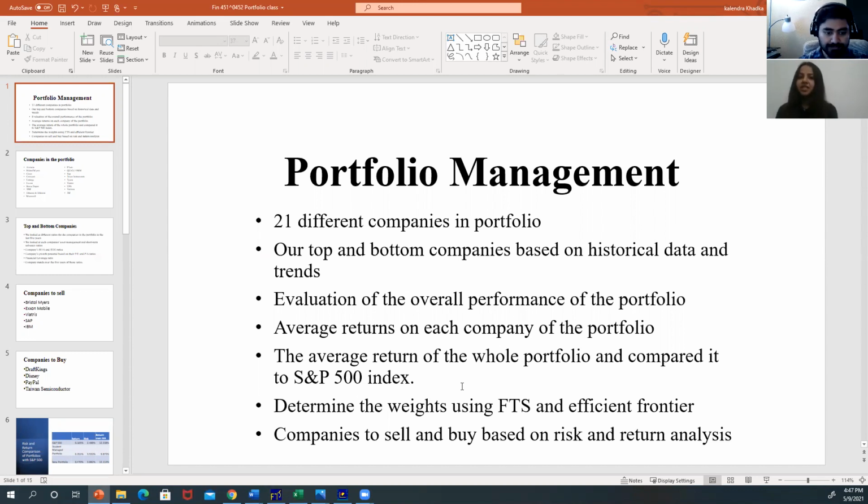We used FTS software to derive the efficient frontier, and we based our weights for each company on the efficient frontier model. And we also determined our top and bottom companies based on historical data and trends, and we decided which companies we think we need to sell, and we also decided on some companies to buy based on the risk and return analysis.